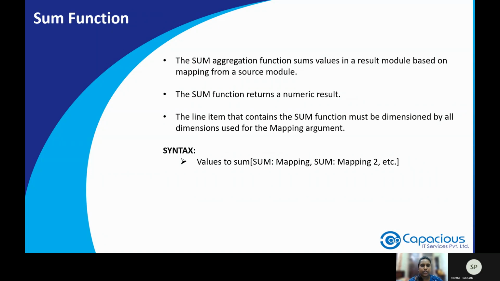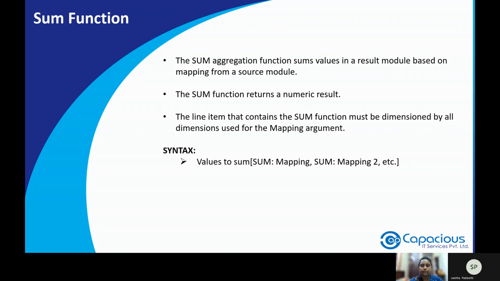Next is the sum function. The sum function is an aggregation function that works from one cell to another, and it returns a numeric result. We use this sum for references in the formula.